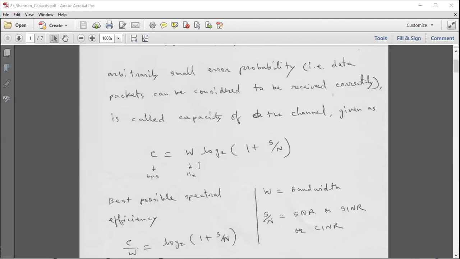Now how they may be related practically. Well, how are this W and BPS related? As I said, after the ASK, FSK, or this kind of process, you have some filtering.